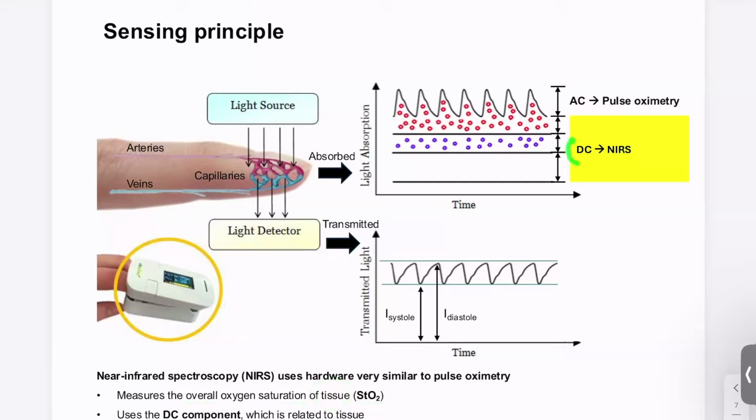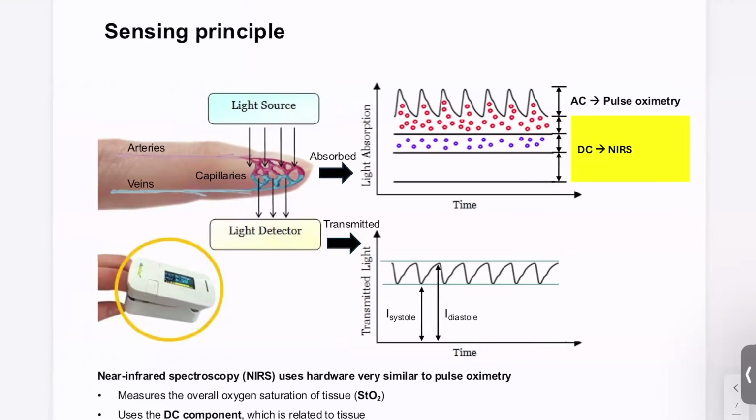So the DC component tells you the overall oxygen saturation of tissue, aka StO2. And to extract information from the DC component, we use a technique called near-infrared spectroscopy, NIRS. And NIRS uses very similar hardware to that used in pulse oximetry.